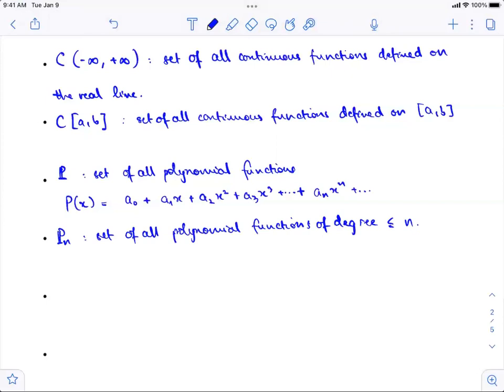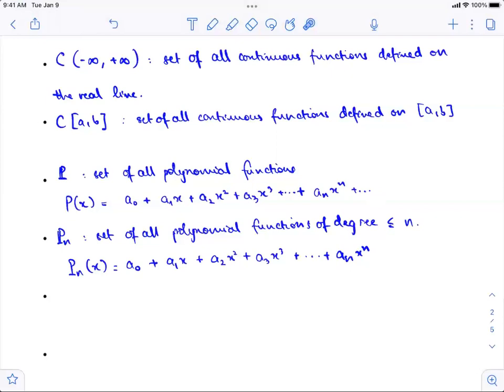In this case, the function is P sub n of x equal to a0 plus a1 x plus a2 x squared plus a3 x cubed, up to a sub n times x to the power n only. For this function you stop at x to the power n, whereas for the general polynomial you have dot, dot, dot, because you can raise to a power beyond degree n. Okay, so that's polynomial functions.